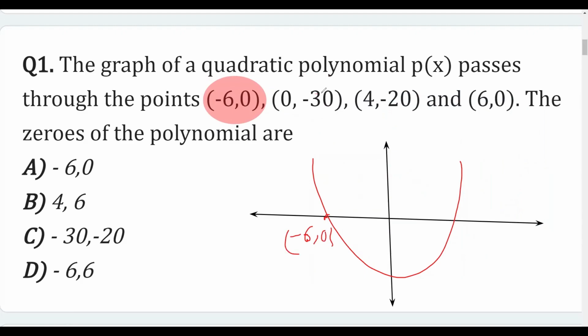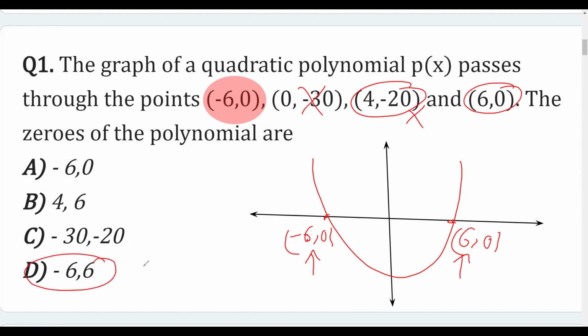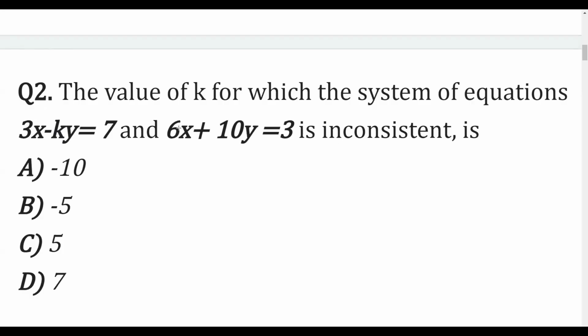This one lies on the y-axis. As I said, it is the x coordinate of the point lying on the x-axis. This one is not on the x-axis, and this one lies on the x-axis. So the zeros of the polynomial are -6 and 6. Therefore, option D should be correct.